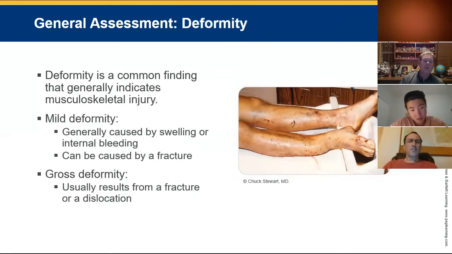So deformity is a common finding, okay? Mild is usually where you see swelling. Swelling is caused by bleeding, okay? So just remember that.